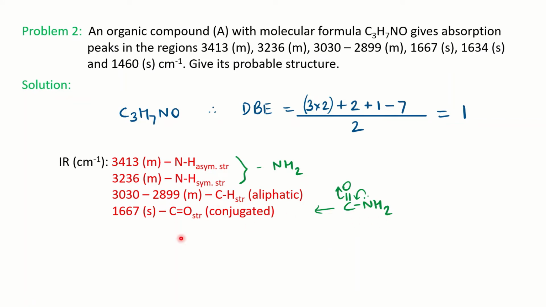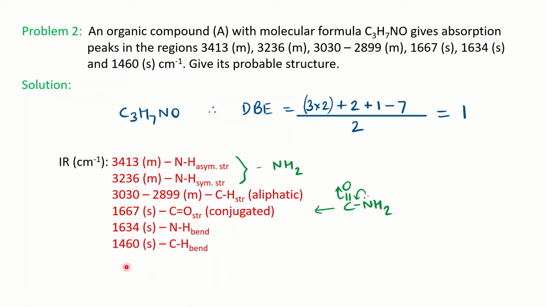And we know it is the amide carbonyl which shows the carbonyl frequency in this range. Then you have the NH bending here, 1634. If we are talking about amide, you have a strong peak in the range of 1634 for NH bending. We also call the 1667 peak the amide 1 peak and the 1634 peak the amide 2 peak.